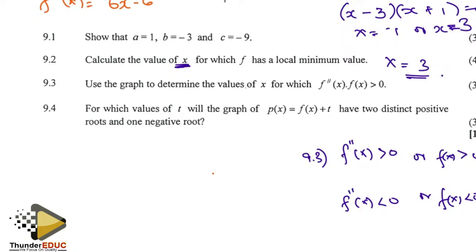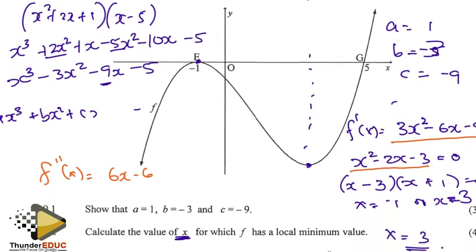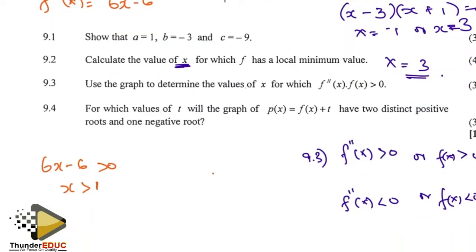If I have 6x minus 6 greater than 0, which means x has to be greater than 1. And then where do I find the graph of f to be above 0? It's at this point, where the graph is beyond 5, for x above 5. So x must be greater than 5.